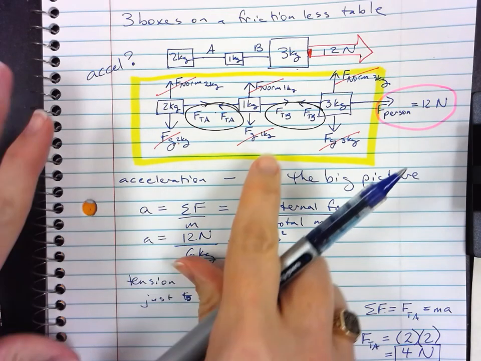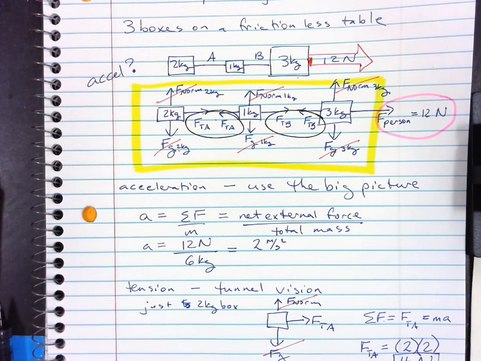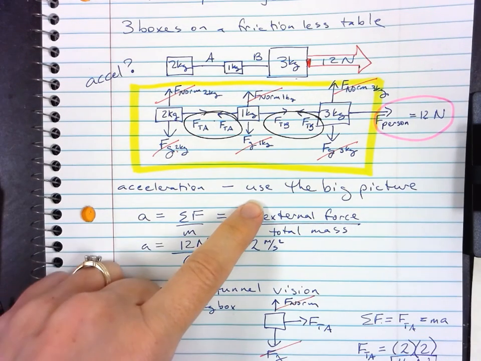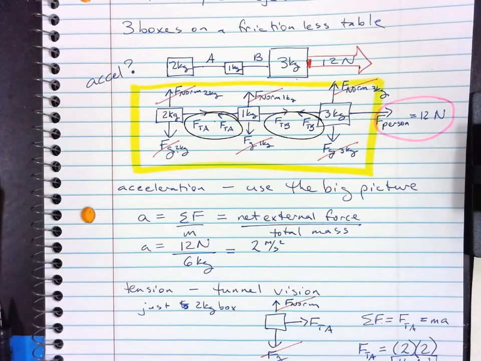Now, to get rope B, there are 2 different ways to do it. One, we can do the same big picture idea on just the second 2 boxes.